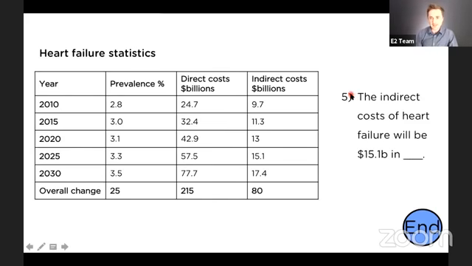The answer to this one is the indirect costs of heart failure will be 15.1 billion in, look at this preposition that tells us we need a year. Okay, so we're going indirect. We go to the top of the column. 15.1, okay, 9.7, 11.3, 30, 15.1 in 2025.